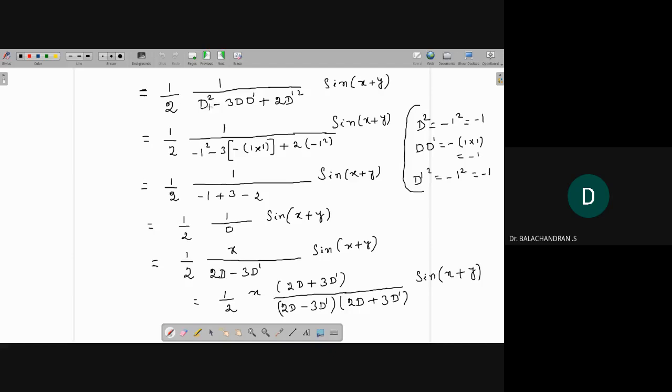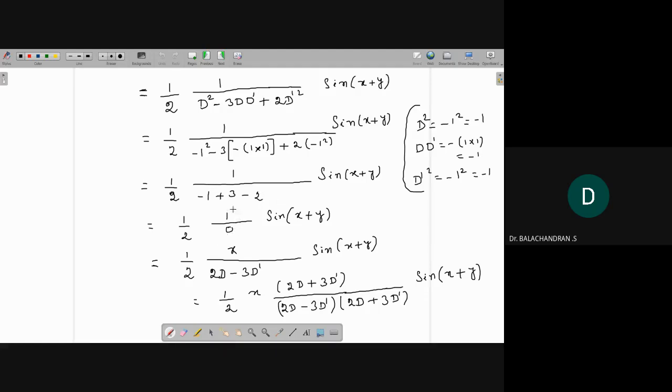So here you can check it: d square equal to minus 1 square, minus 3 into d d dash is minus a into b, plus 2 into d dash square is minus b square. If you simplify the denominator, minus 1, minus into minus plus 3, this is minus 1 plus 3 minus 2, so 3 minus 3 is 0. The denominator is 0.